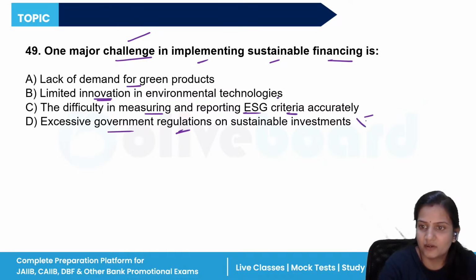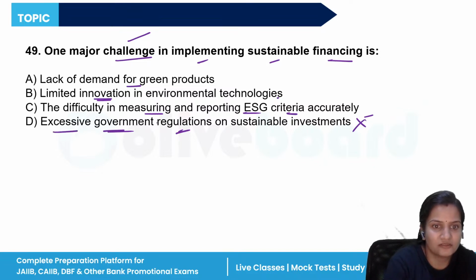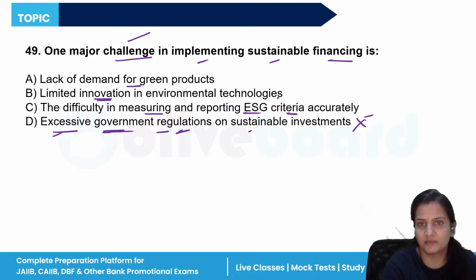See, this statement will never be correct. Why? Because government is also working very hard to promote sustainability. Government regulations will never be excessive on sustainable investment or sustainable financing. So this is entirely wrong.